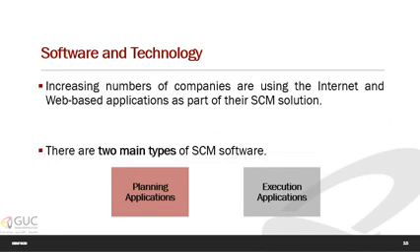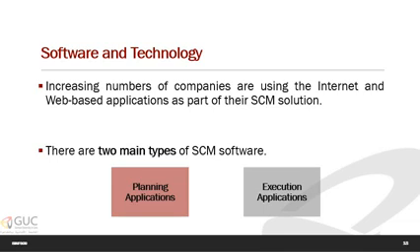In recent times, the number of companies that are using the internet and web-based applications as part of their SCM solutions has increased. Several websites offer procurement marketplaces where manufacturers can trade and even make auction bids with suppliers.